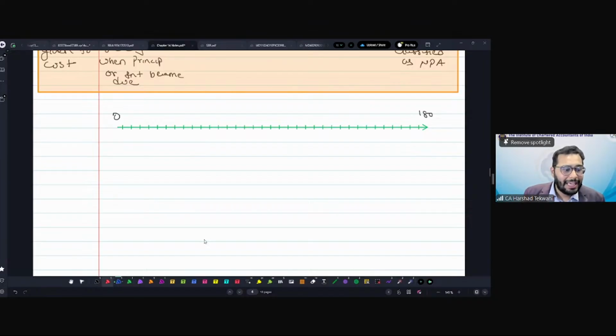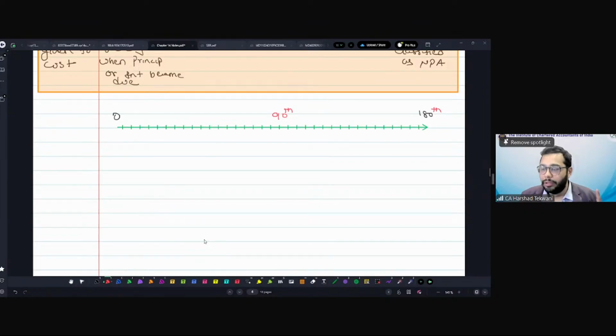So on the 90th day, somewhere here, you need to call it an NPA. So reduce it from 180 to 90. Now, how to do that? Not overnight. On, let's say, 31st March 2023, you have 180 days, and tomorrow, 1st April 2024, directly 90 days.